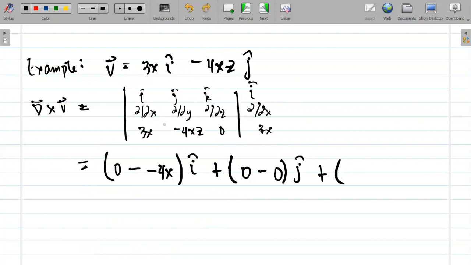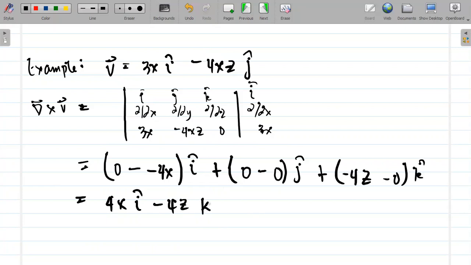Ang partial x ng negative 4xz ay negative 4z. Negative 4z, ang partial y ng 3x ay 0. Minus 0. So, ang final answer natin ay 4x i hat minus 4z k hat.